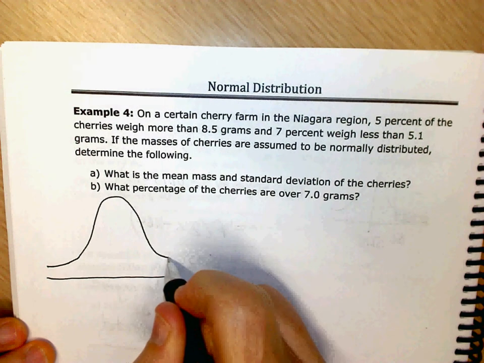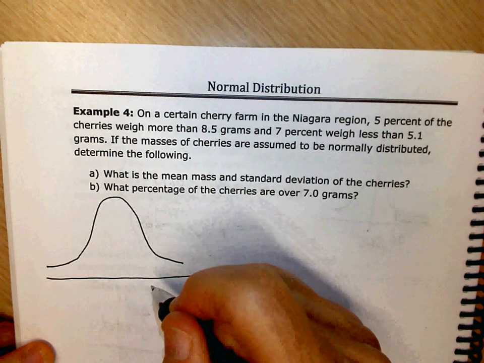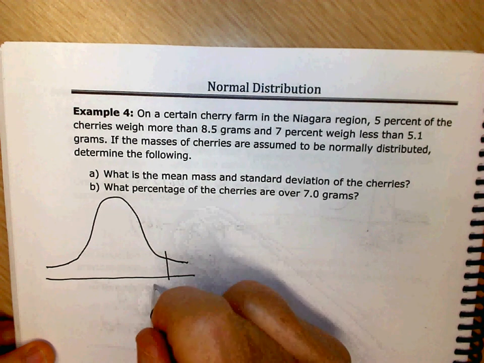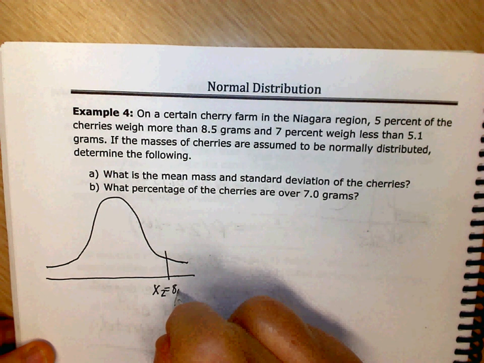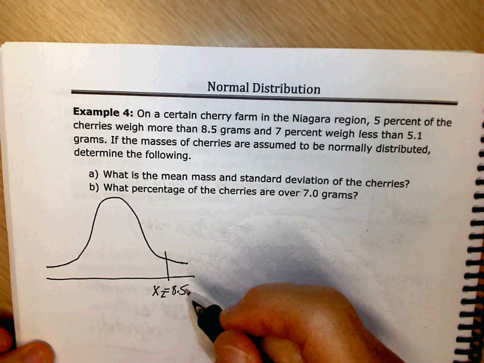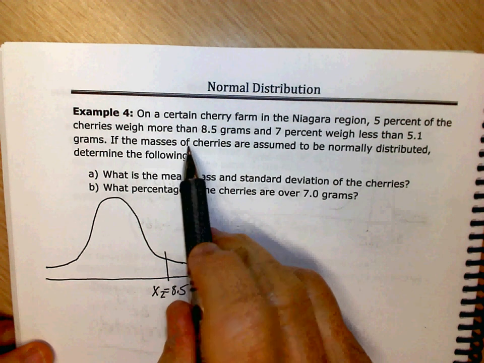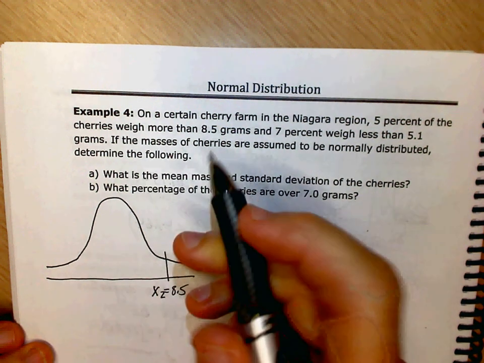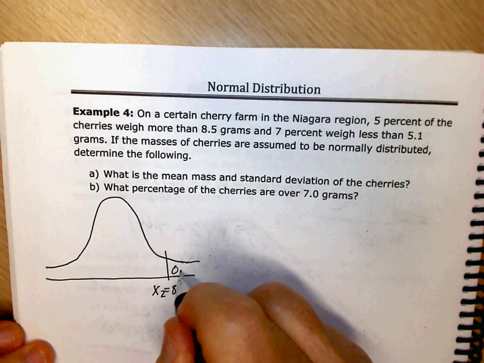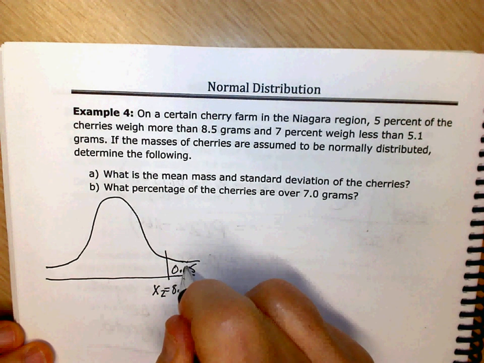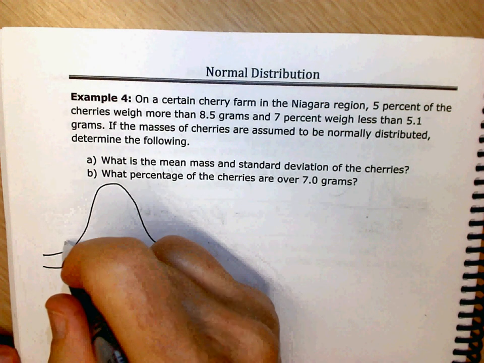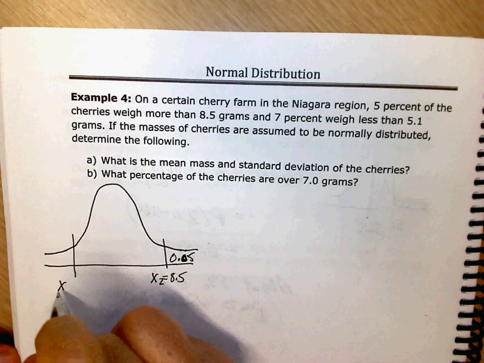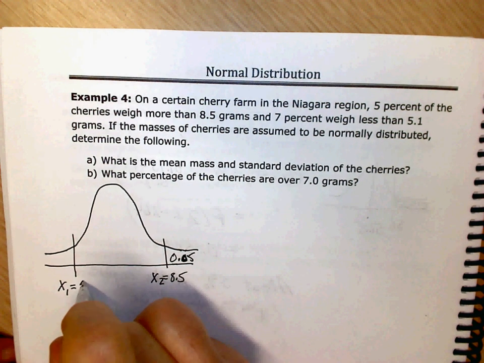So X2 equals 8.5 grams. 5% of the cherries weigh more than 8.5 grams, so that's 0.05 in that little area right there. 7% weigh less than 5.1, so X1 equals 5.1, and that's 0.07.